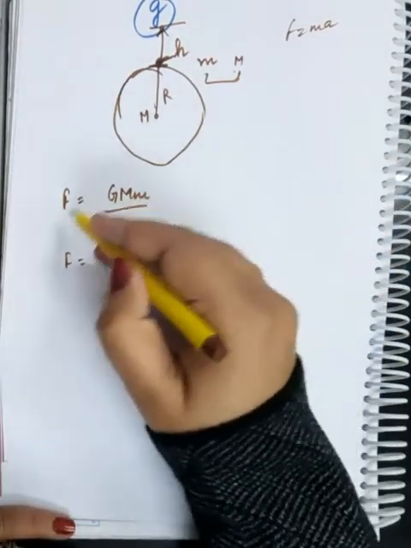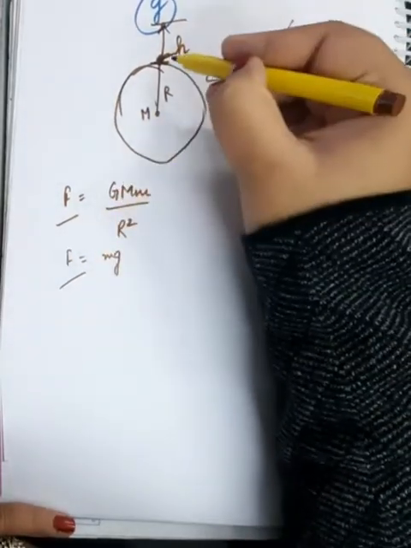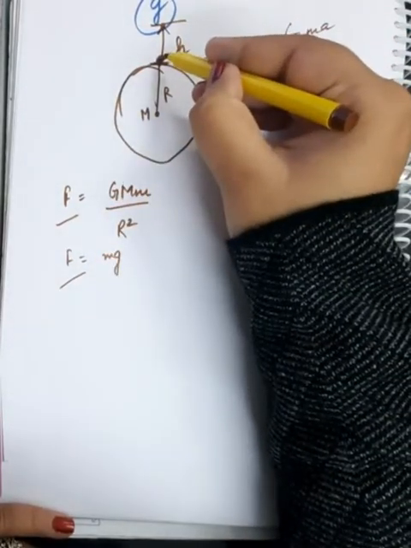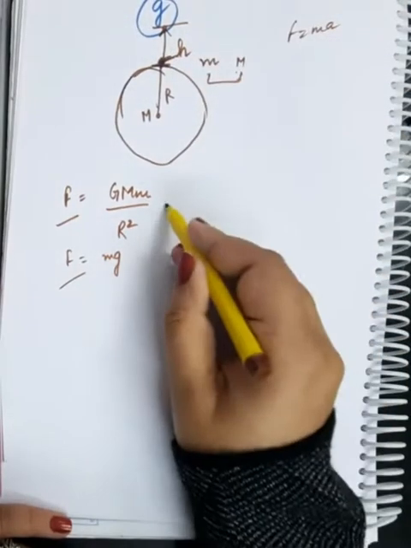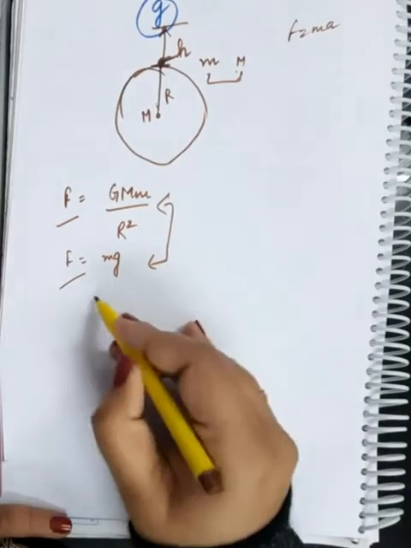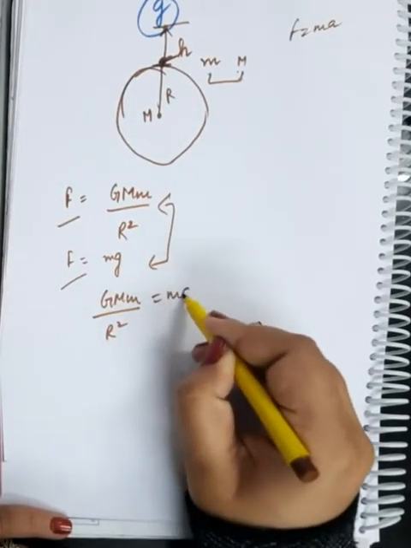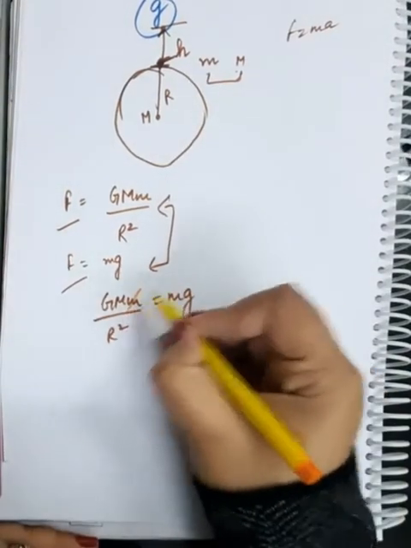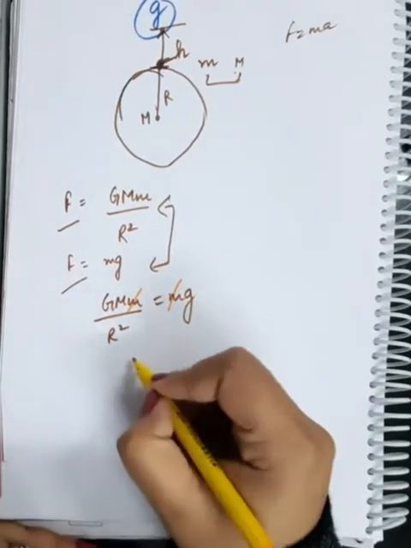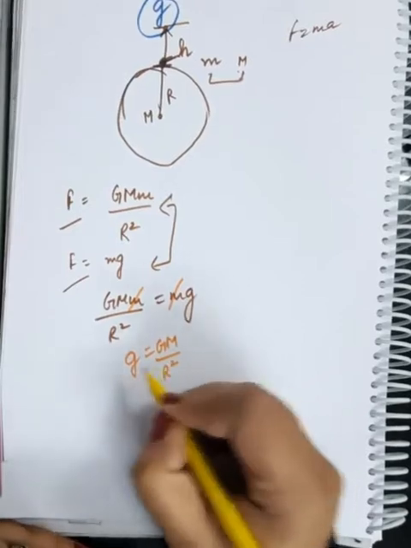These are basically one and the same force experienced by the object when it is kept on the surface of Earth. So you can equate these two and you get GMm upon R square equals mg. This means that m will be cancelled and g will be equal to GM upon R square.